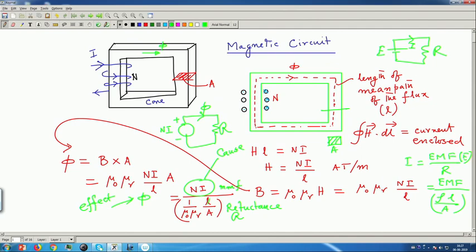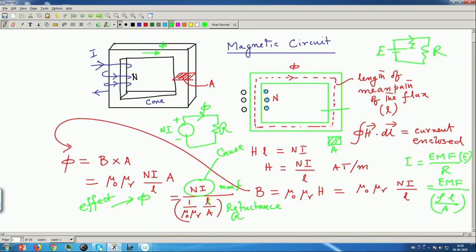Therefore, in a simple excitation with DC current, the value of the flux you get by dividing the MMF with reluctance will be constant and its direction will also be fixed. In this case, it is clockwise.